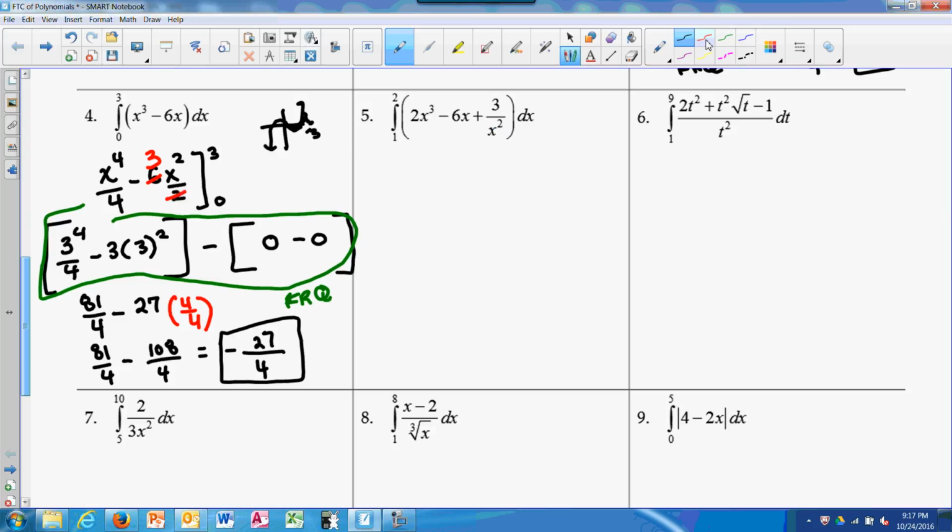So for this next one, I'm going to rewrite x squared on the bottom as really x to the negative 2 before I antiderive. So I hold the 2, x to the 4th over 4 minus 6, x squared over 2 plus 3.